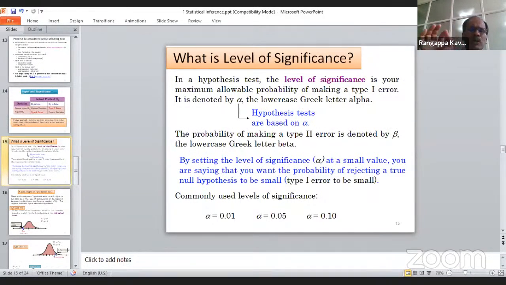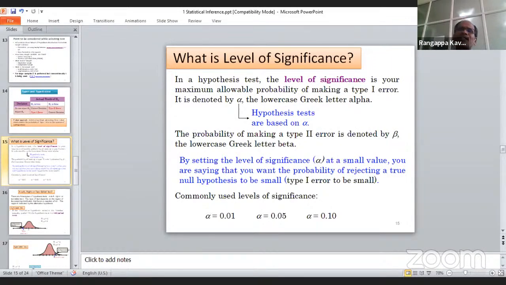Let me brief you about it. You will be able to understand the level of significance if you properly understand the concepts of correct decision, type 1 and type 2 error. In a hypothesis test, the level of significance is your maximum allowable probability of making type 1 error. You indicate it by alpha.